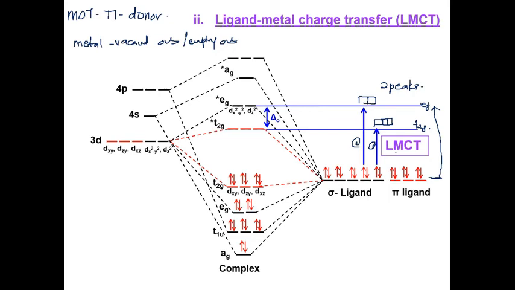But sometimes you can also observe one peak, okay, that corresponds to this eg, the ligand towards the eg pun boleh. So sometimes you can observe two peaks for the LMCT, and sometimes you can also observe one peak. Okay, sebab apa? Remember, the metal has vacant orbitals while your ligand is rich in electrons.